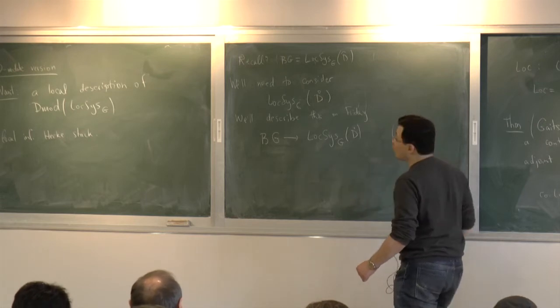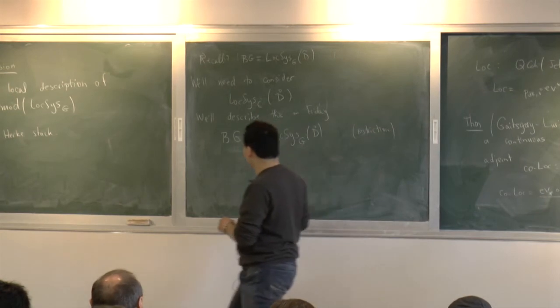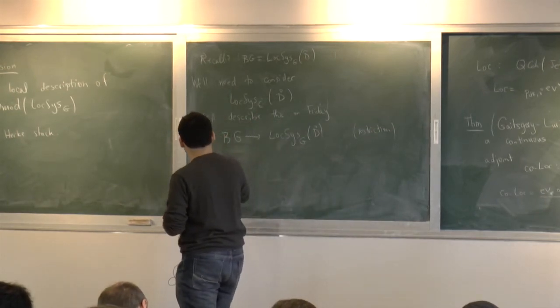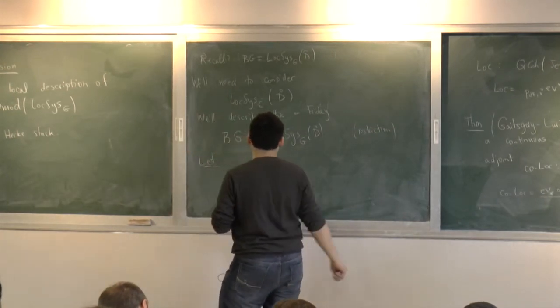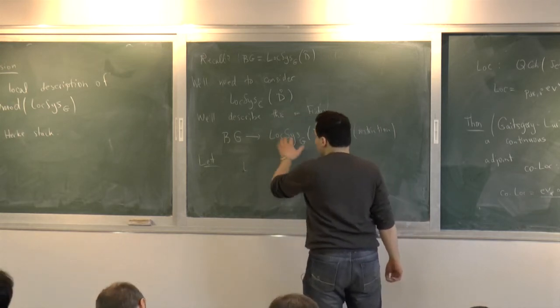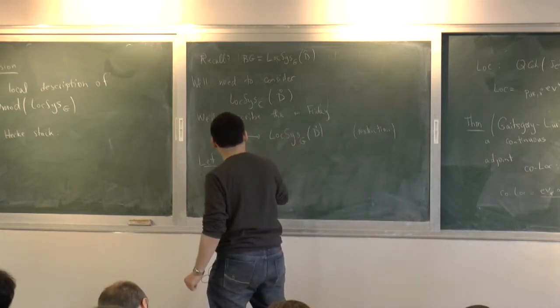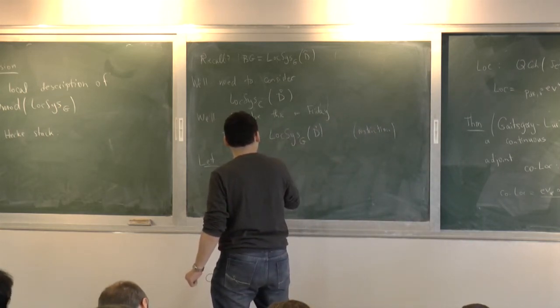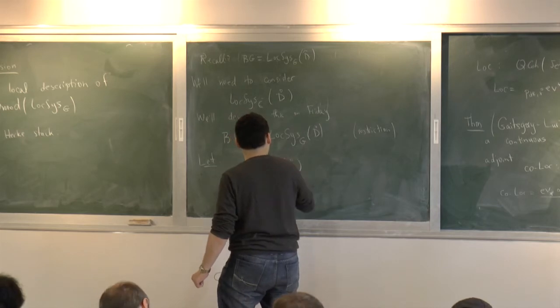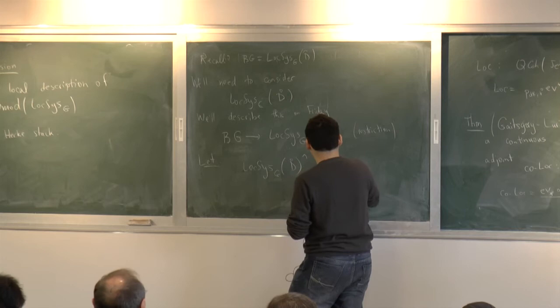So you restrict your local system from the entire formal disk to the punctured disk. And as a bit of notation, for the purposes of this talk, what we'll really be interested in is the formal completion of the stack of local systems along this map. So this is the formal completion.